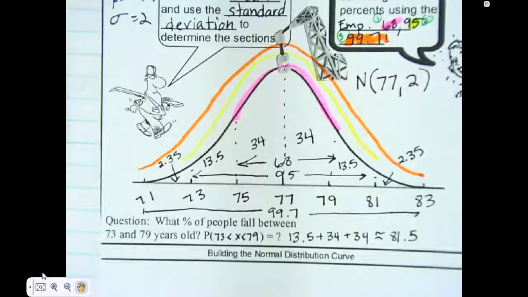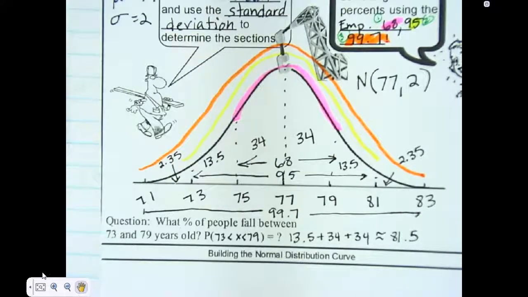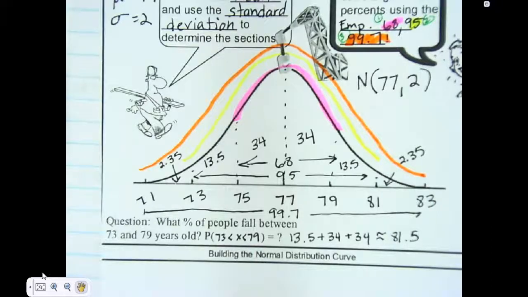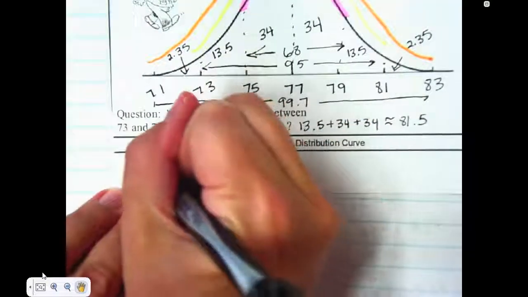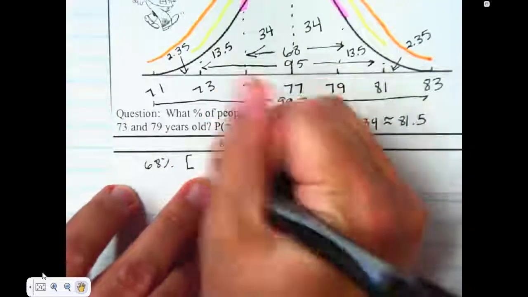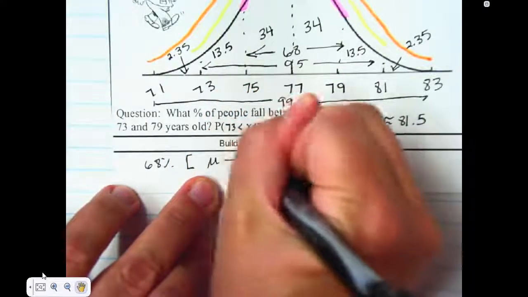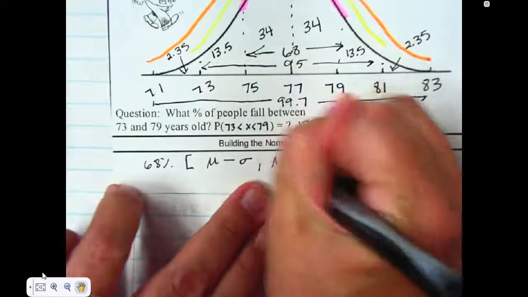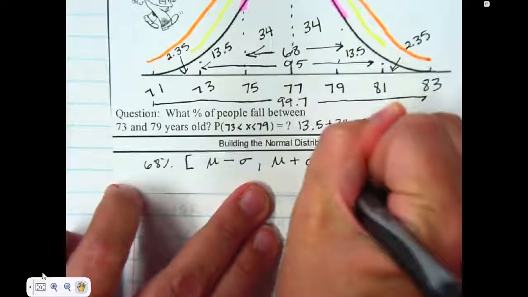Now, we will be doing some questions in class, like they might say, what is the interval for 95% of the data? That would just be 2 standard deviations of the mean. So let's do a little summary here for the empirical rule. For 68%, the interval is going to be the mean minus the standard deviation and the mean plus the standard deviation.